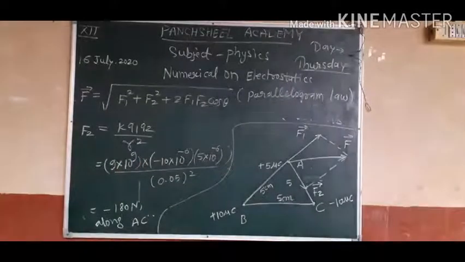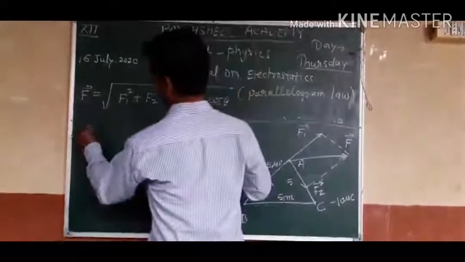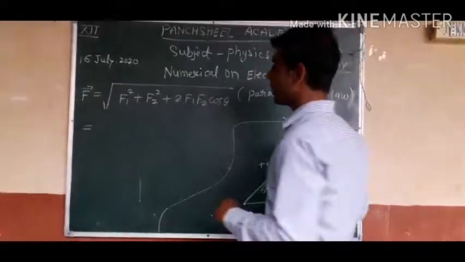So you have to calculate F1 and F2, then put these values in the formula and get the answer. F1 equal to, what is the value of F1?